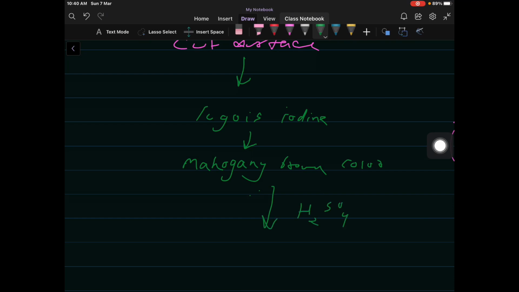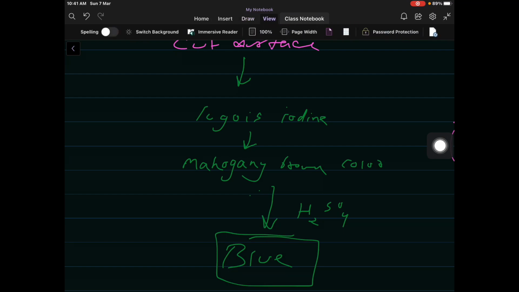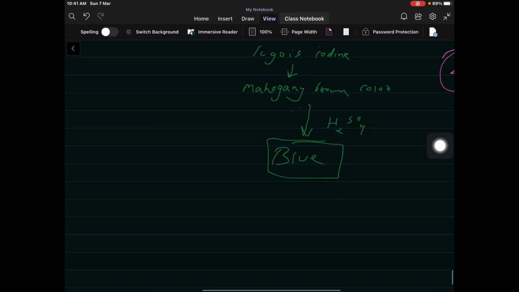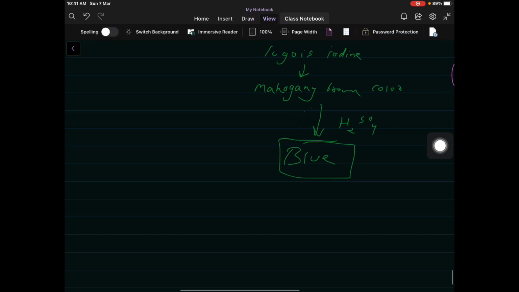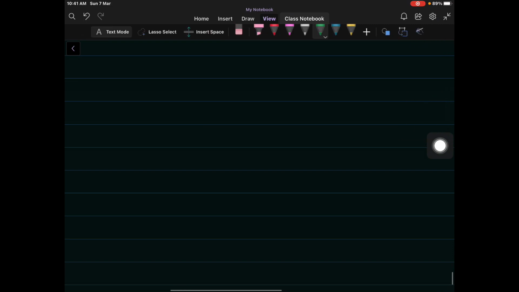And when we add H2SO4, sulfuric acid, to this, it will give the blue color. So this is the confirmatory test that the specific cut surface you have taken from the particular organ is amyloidosis. To be more specific in confirming amyloidosis, it is actually the Congo red stain.